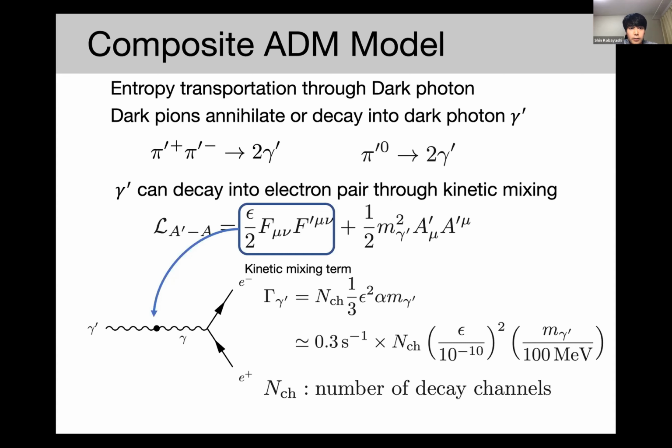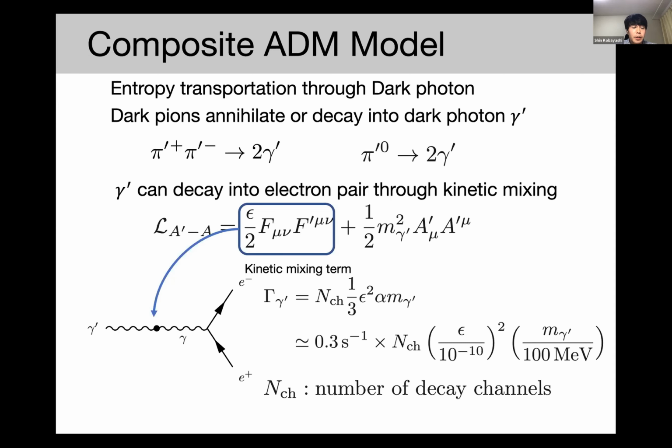There are extra components in the dark sector, such as pions. The extra components in the dark sector can lead to the overclosure of the universe at early times. So we have to somehow annihilate or decay these extra components into the standard model.